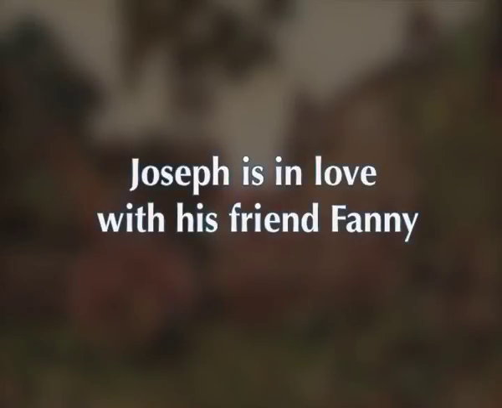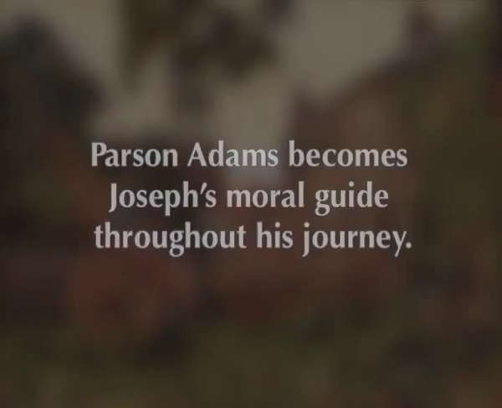Joseph refuses and defies Lady Booby's advances as he is in love with Fanny, his childhood friend. Therefore, he is compelled to leave her house and journeys home. On his way, he meets Parson Adams, an erudite but eccentric clergyman who becomes Joseph's moral guide throughout his journey.